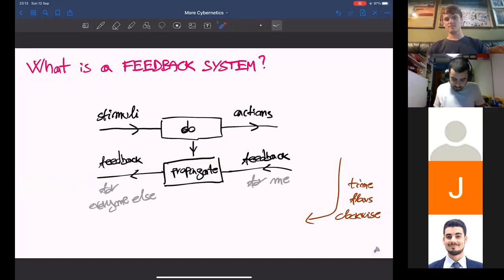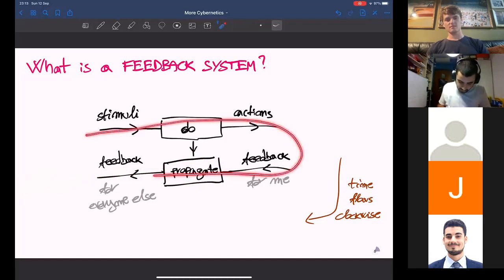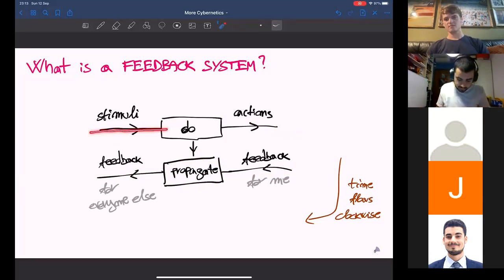This diagram should be read guided by the arrows: the stimulus arrives, actions are taken, feedback is received, and feedback is propagated. Every diagram I draw from now on assumes that time is flowing clockwise, so you should imagine dynamics happening like this.